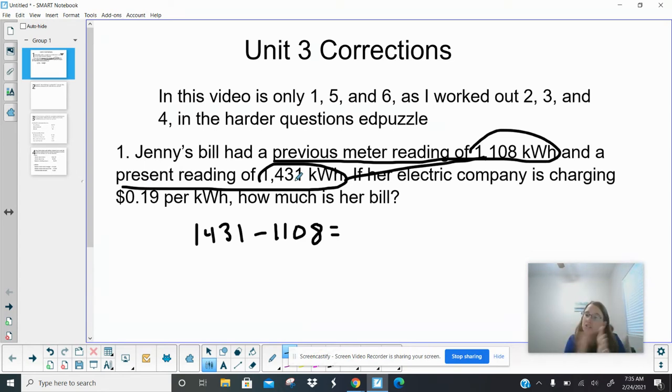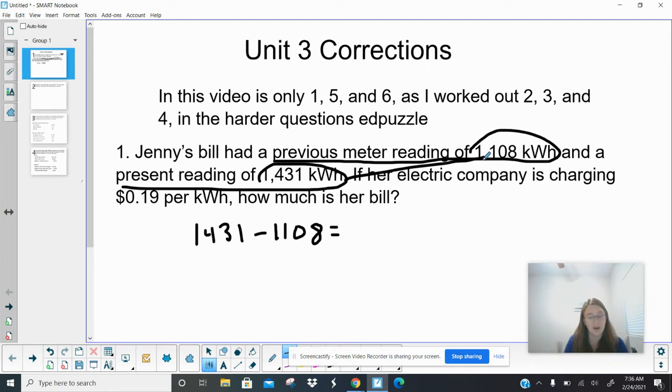How much you actually used is the difference because the meter does not reset to 0 at the beginning of every month. So even though the present reading says this, 1431, at the end of the month, at the beginning of the month, it said this. Again, what you actually used is the difference between the two. You didn't have to choose one or the other. All you had to do is subtract.